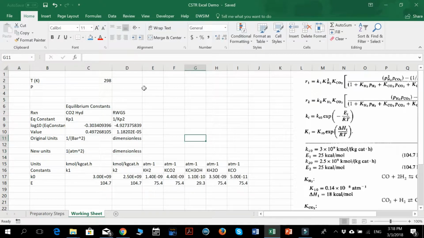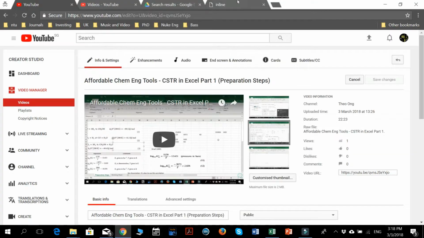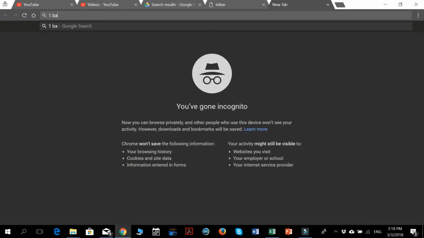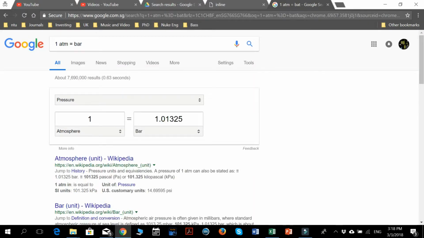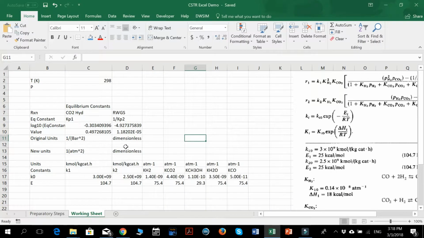So what is the conversion from bar to atmosphere? Let's take a look. 1 atmosphere is 1.01325 bar. I just type this in Google, and Google will convert it for you. So no problem there. This is a conversion table.